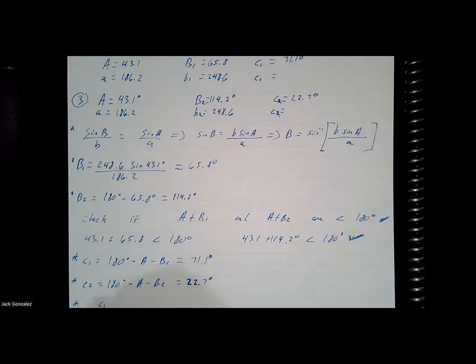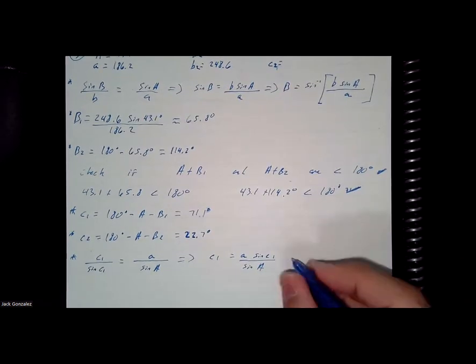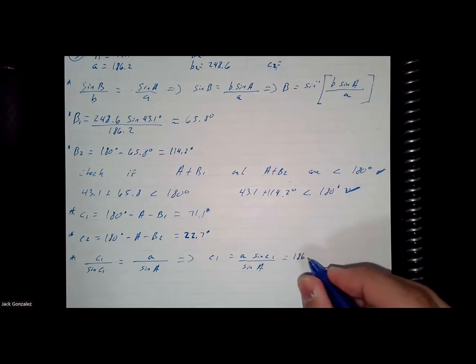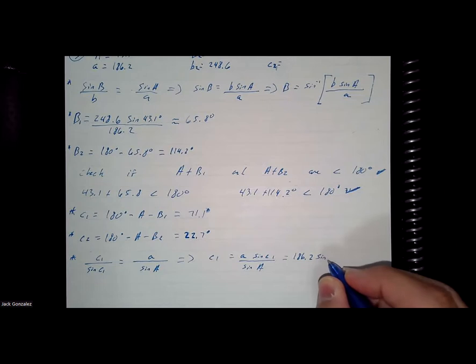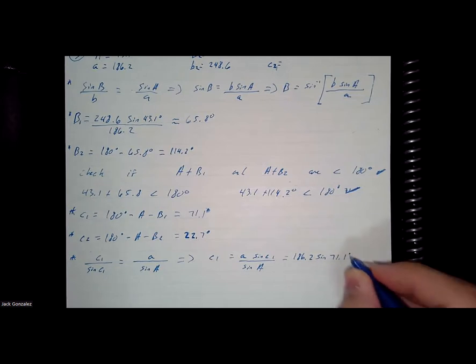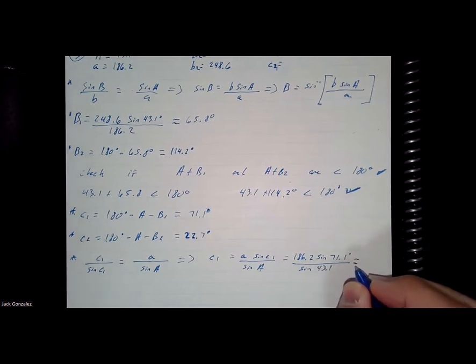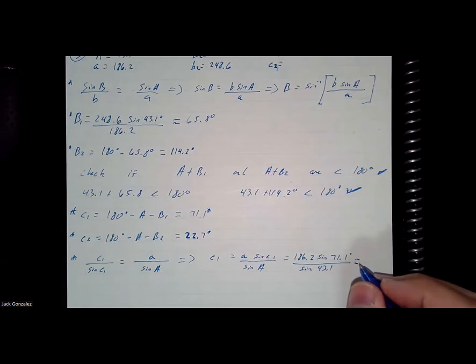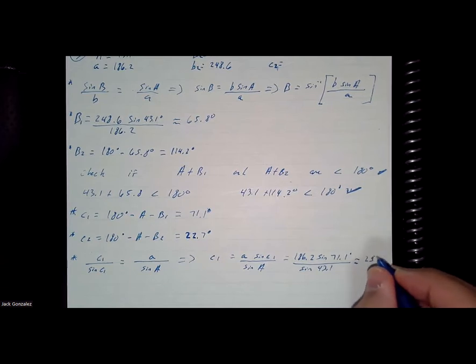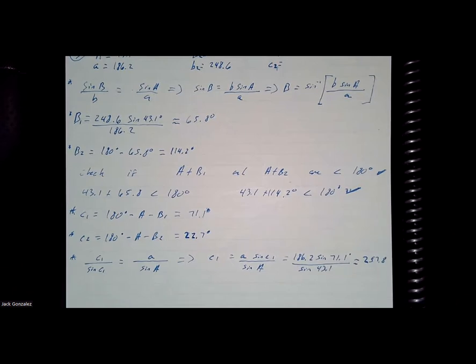So we'll start here. c1 over sine C1 is equal to a over sine A. So that means that c1 is equal to a sine C1 over sine A. Plug that in: 186.2 sine of C1, which is 71.1, over sine of 43.1. So that will be 257.8. That's c1.